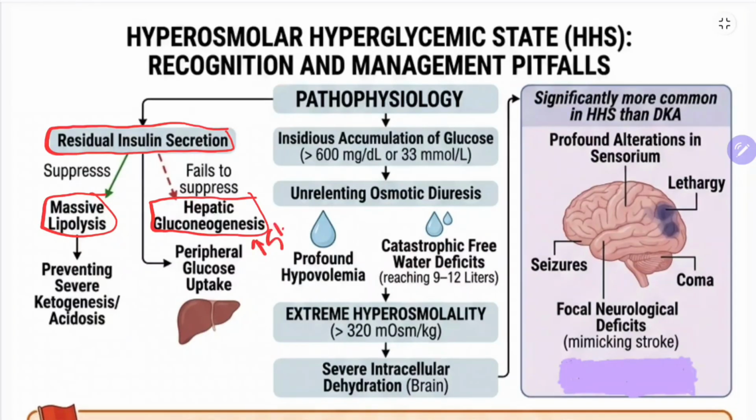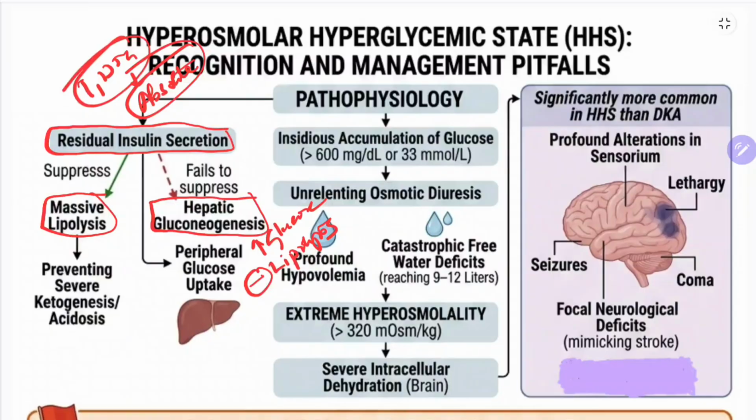Glucose will increase, but there will be no lipolysis. Lipolysis will be inhibited. Why? Because there is residual insulin secretion. Whereas in type 1 diabetes mellitus, there is absolute insulin deficiency. That is the difference. That is how DKA differs from HHS in type 2 diabetes mellitus.